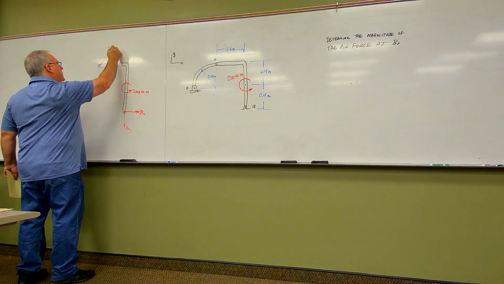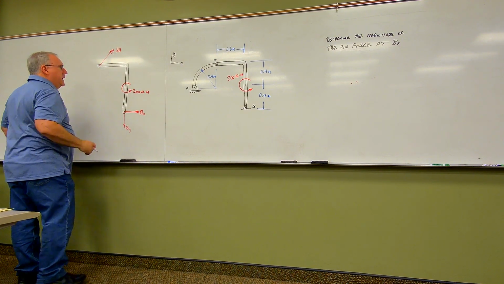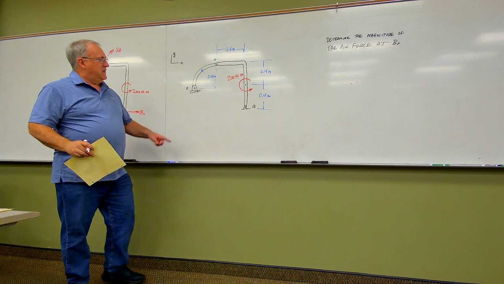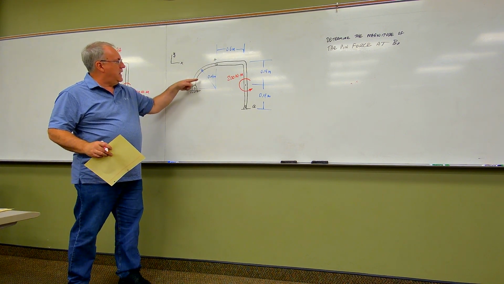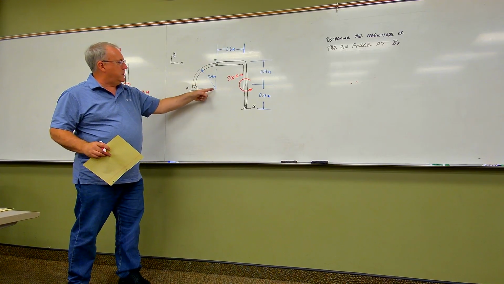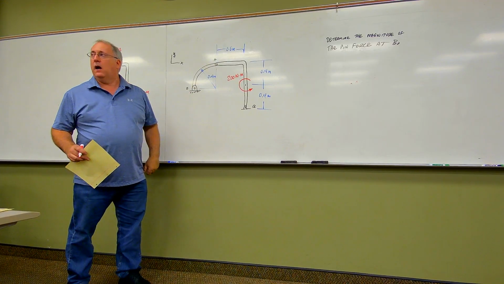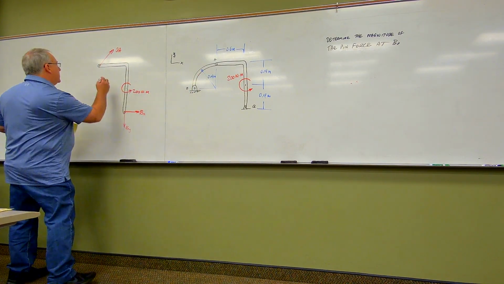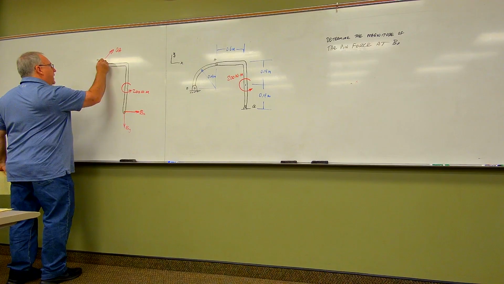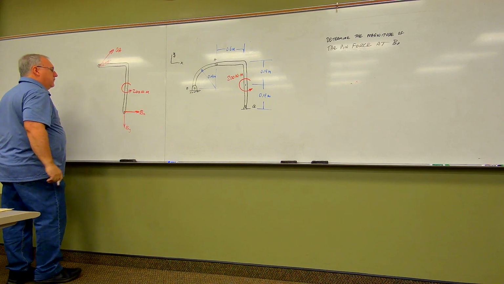So I'm going to have a force here, let's call it force OA. And because this is a quarter circle, and I'm connecting the lines between the two pinholes, this distance and this distance are the same, which means that line is on a 45-degree angle. So I know this is 45 degrees.